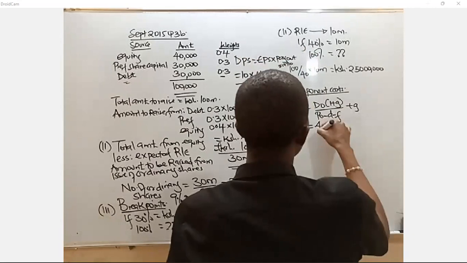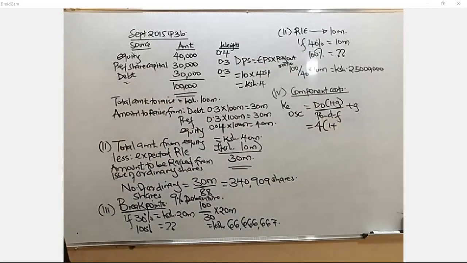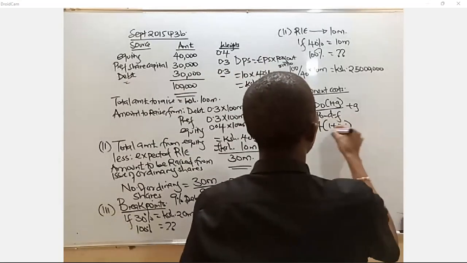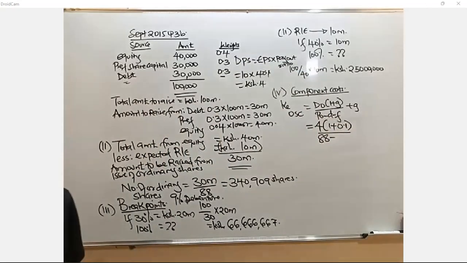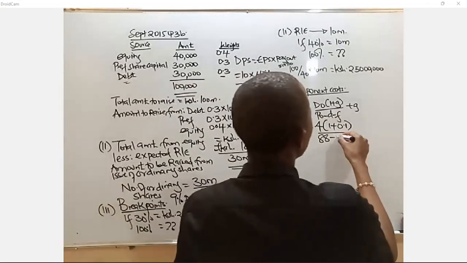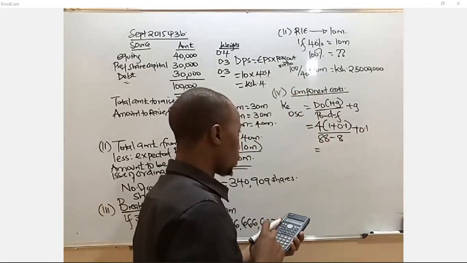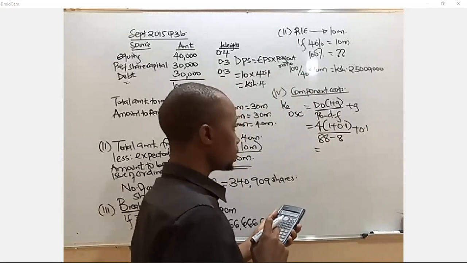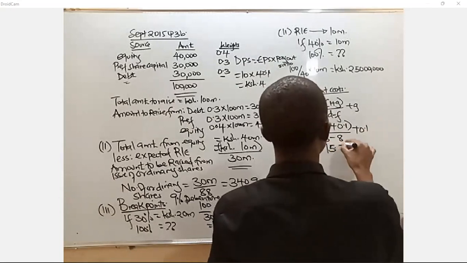So I take 4 times 1 plus the growth rate, which is 0.1, divided by 88, the market price per share, minus our flotation cost of 8 shillings, plus 0.1. That is 1.1 times 4 divided by 80 plus 0.1. We are getting 15.5%.